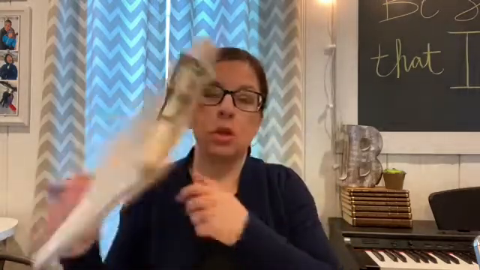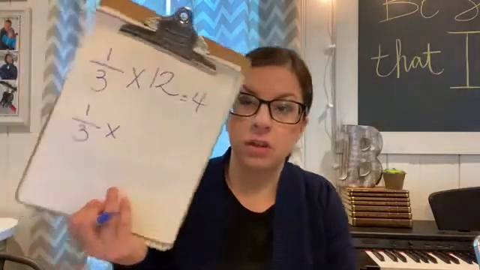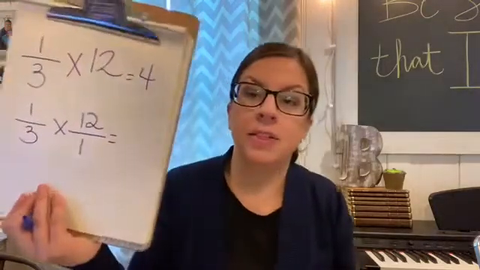But the other way to do it, which is the way that you need to know because the fractions are not always so easy, is you take 1/3 times 12 and you put it over 1. Then you multiply the top and you multiply the bottom.